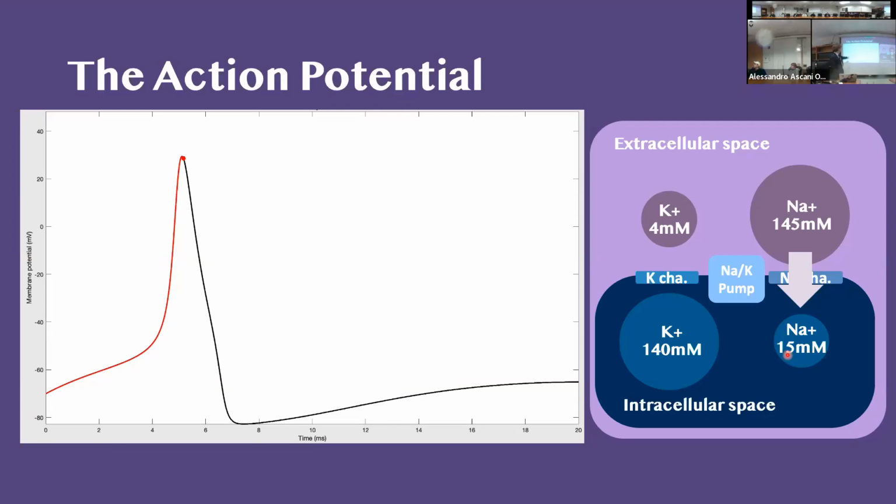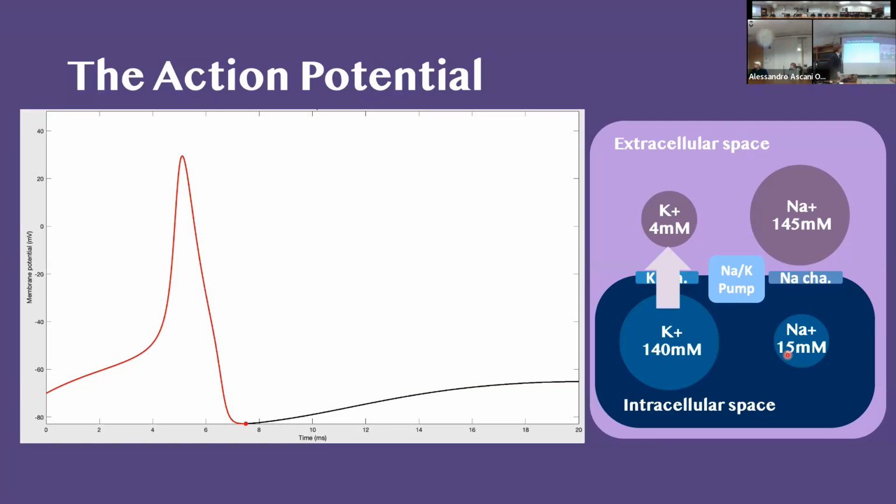It is then the potassium channels that open and allow an efflux of potassium ions in the extracellular space, leading us to a lower membrane potential.